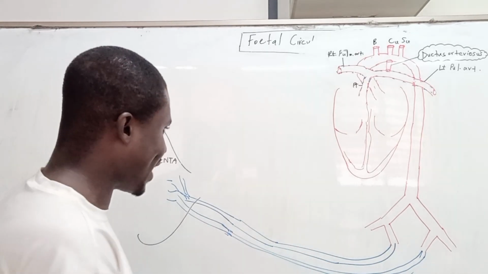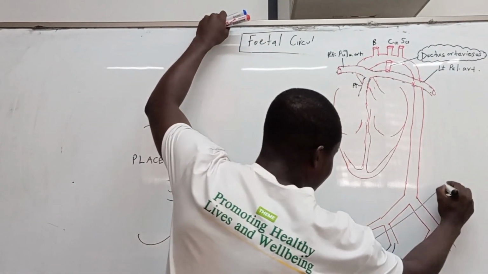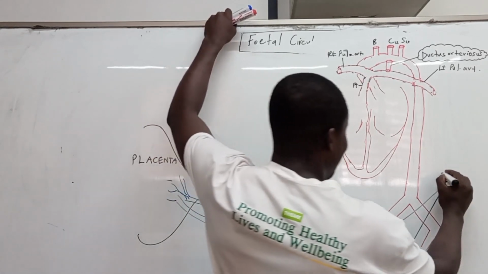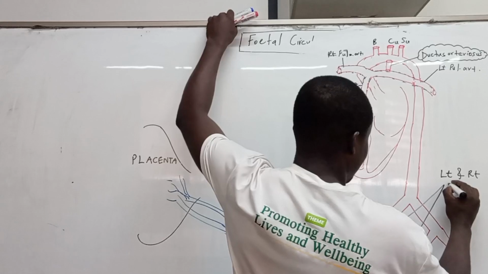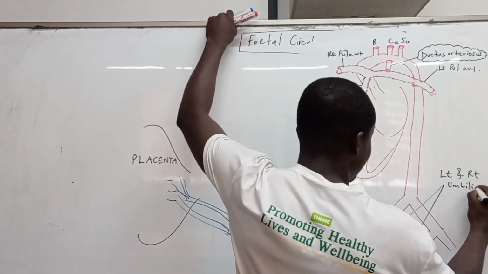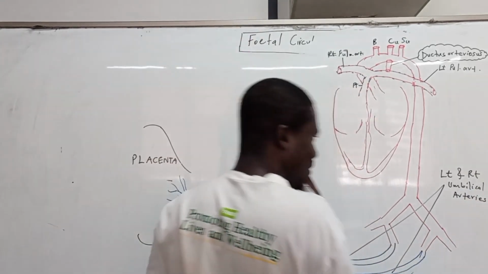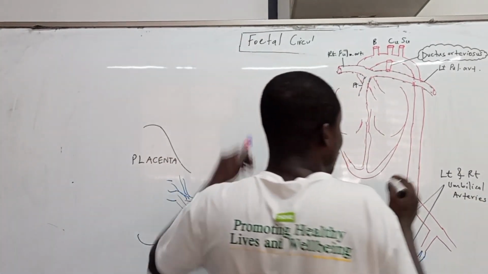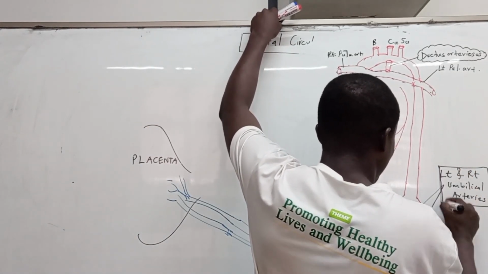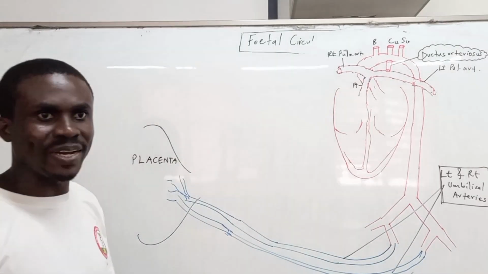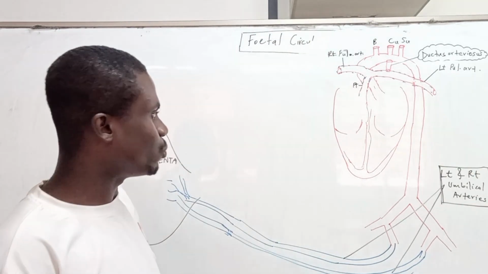These guys are the left and right umbilical arteries. Remember that is also an important bit. It's not part of the shunt, so let me put this one in this box. Left and right umbilical arteries. Now the shunt, I'll use that one to demonstrate it.